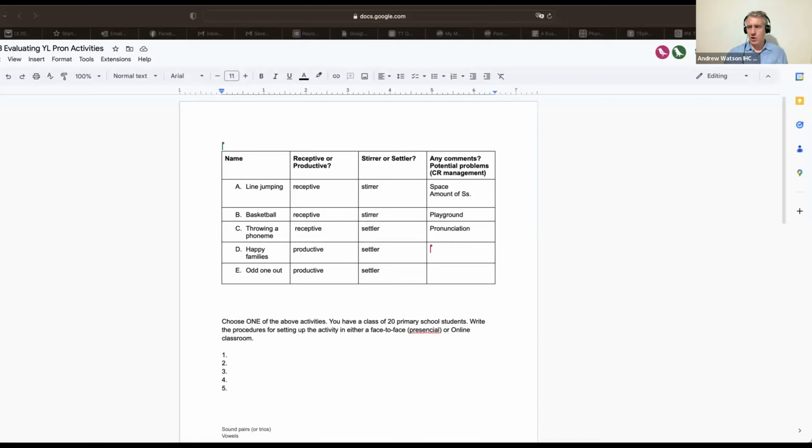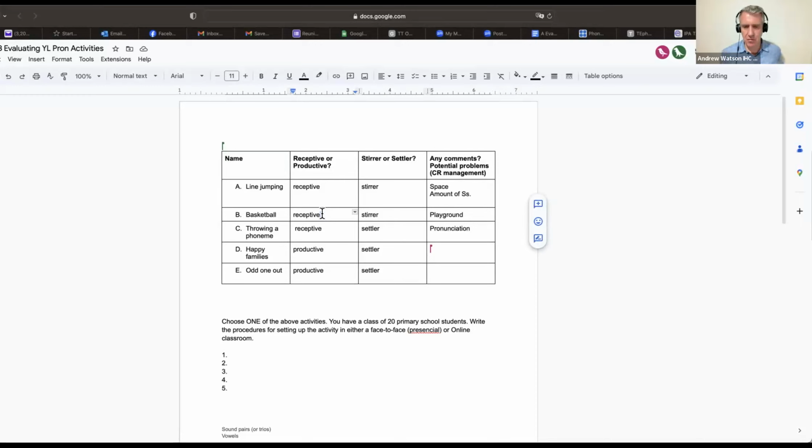Like walk over to the board and write a T on the board, right? So it's good for developing listening capability, isn't it? And you identified that basketball is also receptive and a stirrer. I agree.